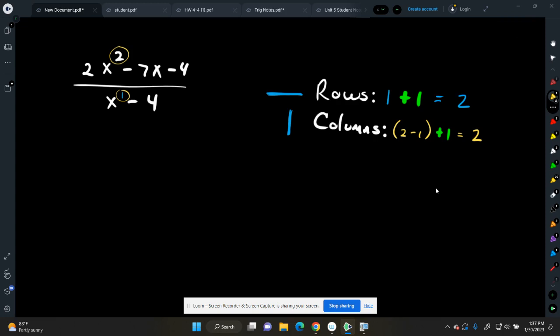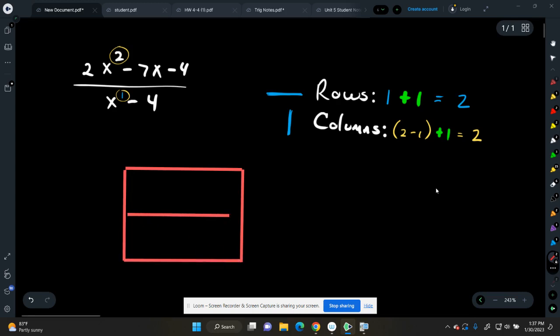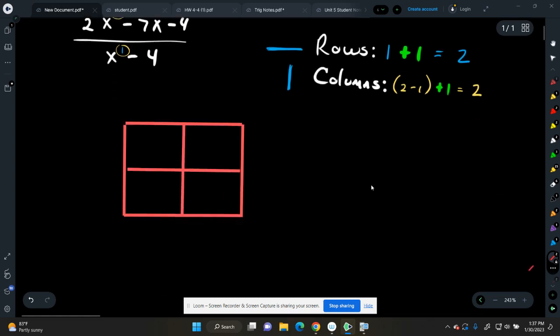They're going to be 2 by 2. So we're going to make a table with 2 rows and 2 columns. Okay. So we make our table, and now we're going to draw our diagonals in there.